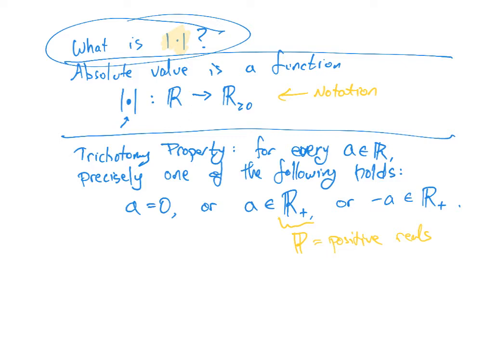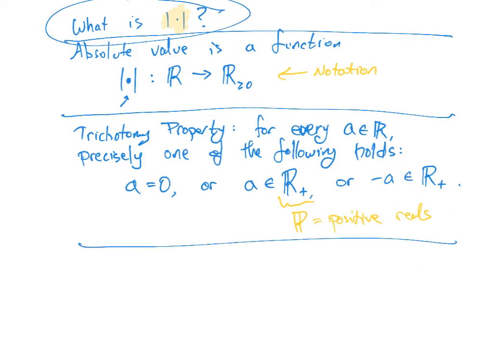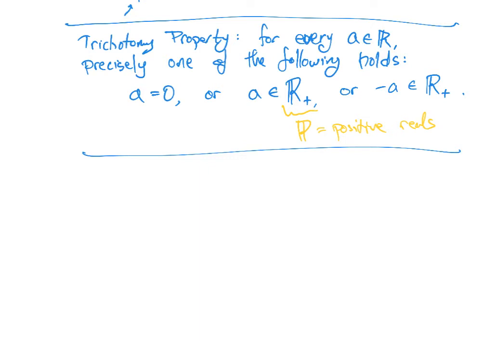So how do we define the absolute value? Well, remember, we talked about this with the order properties: if A is a positive real, that means that A is greater than 0.